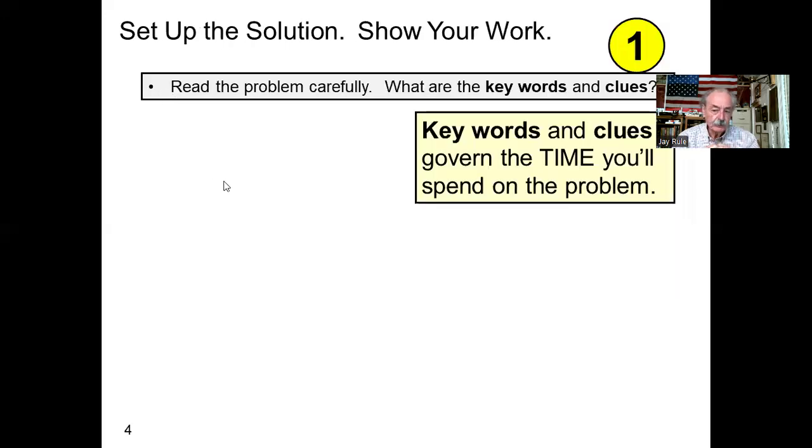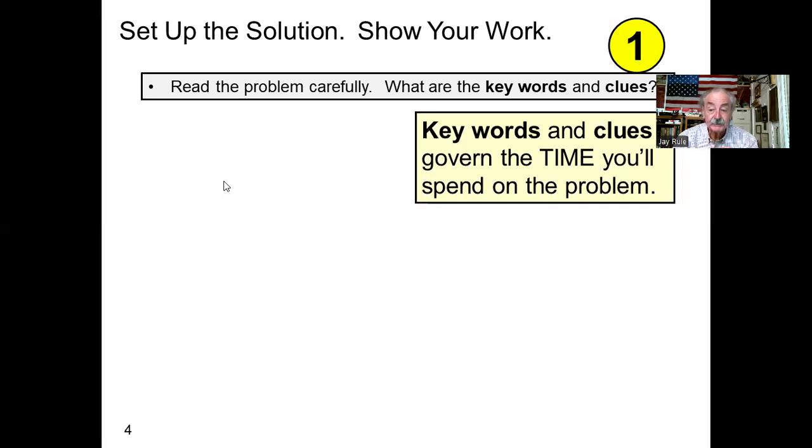Okay, so you've thought about the order in which you're going to do the problems. So you've selected one of your problems to work on. What will you do? What are your steps in solving the problem as accurately and quickly as you can? You're going to read the problem carefully. What are the key words and clues? This is where doing your homework problems is really going to pay off.